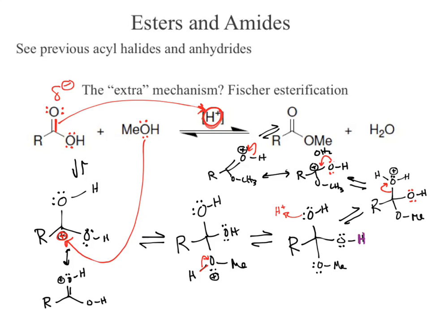Use a different starting acid. Instead of using a carboxylic acid, let's use an acid halide or an acid anhydride. Both of those generate better leaving groups. We're going to get a much higher yield of our product because our starting material was a much more reactive electrophile. So if we can change our reagents, we can maximize our yield and not have to go through a silly equilibrium situation like this.